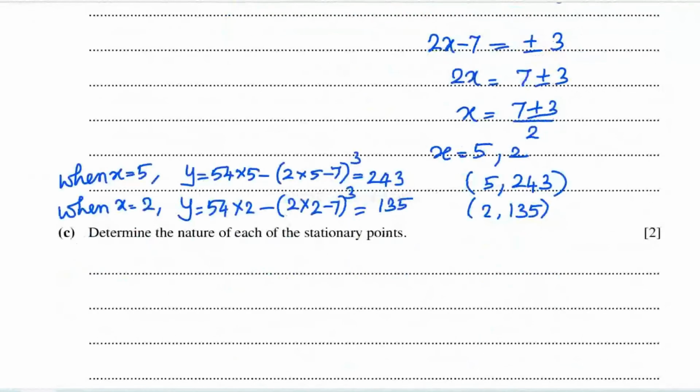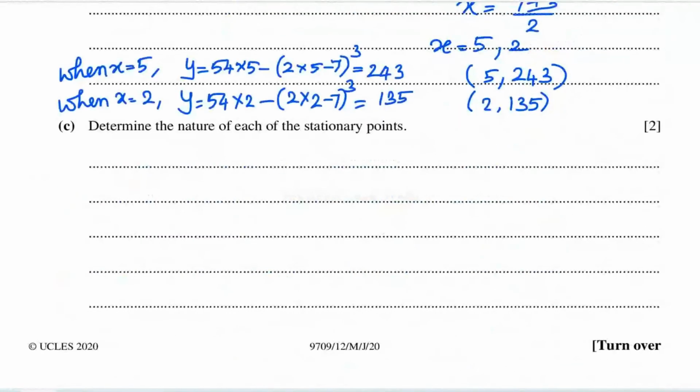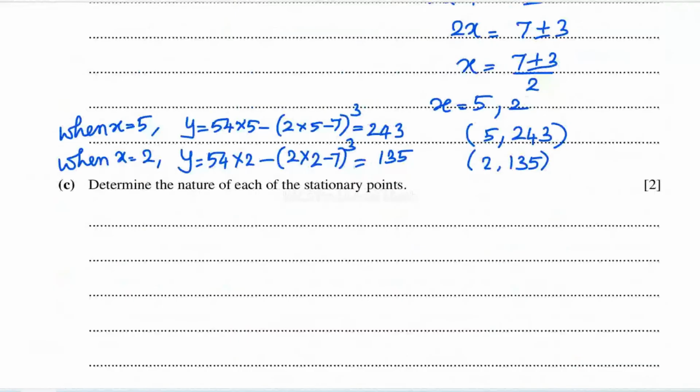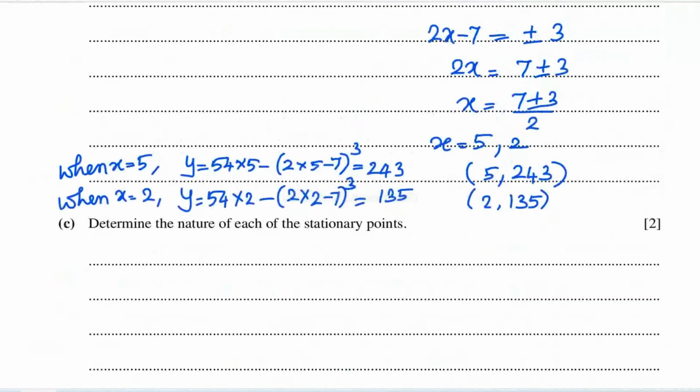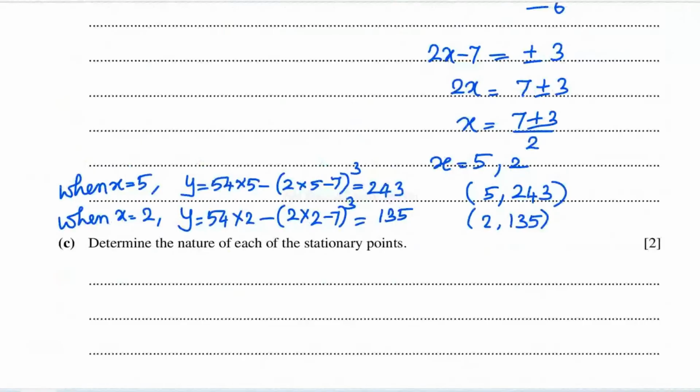So the next part of the question is determine the nature of each of the stationary point. So we have to take d square y by dx square. On that we need to substitute these coordinate points. Let's take d square y by dx square and substitute the point 5, 243.